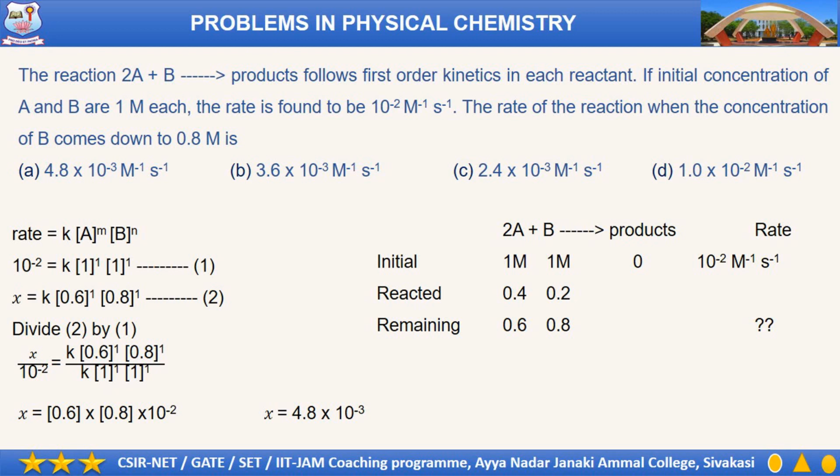K gets cancelled, equal to 0.6 into 0.8 over 1 into 1. Therefore, X is equal to 0.6 into 0.8 into 10 power minus 2. The answer is 4.8 into 10 power minus 3. Therefore, option A is the correct one.